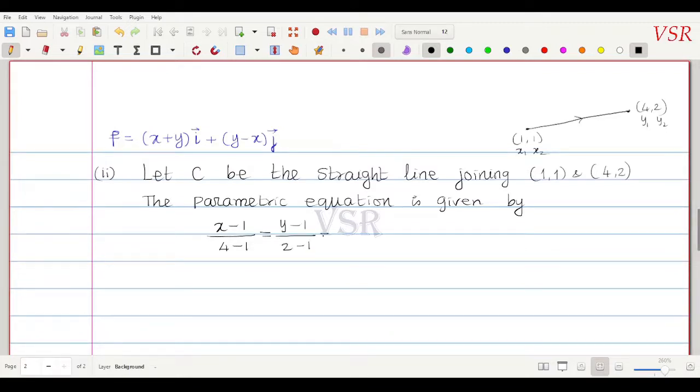This is a constant, and I take that constant to be t. So x minus 1 divided by 3 equals y minus 1 divided by 1, which equals t.